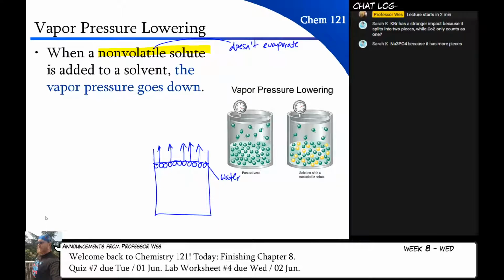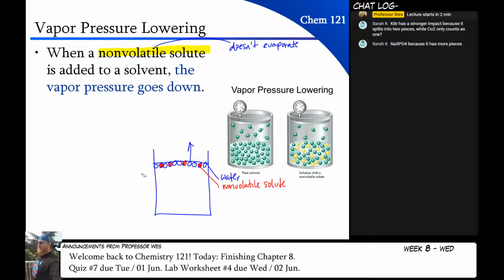But what if I put a non-volatile solute in here? Some amount of solute is going to occupy the surface spaces where water would normally be and try to evaporate. And anything that's coming out of those spaces can no longer evaporate. So this one can't, neither can that one or that one. I tried to choose them randomly and I did a poor job.